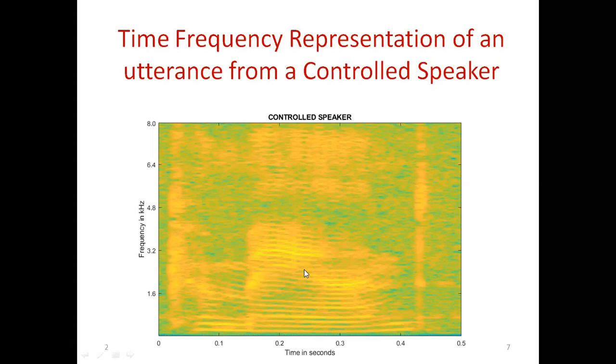This corresponds to formants. Somewhere here you can see a dark yellow band; this is F1, the first formant. Here is how the second formant has varied, and here is the variation of the third formant. So in a control speaker, formants and harmonics are very clearly visible.